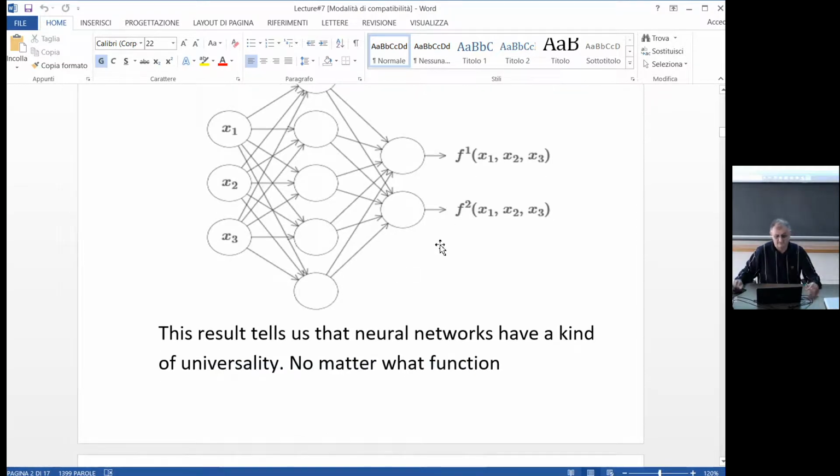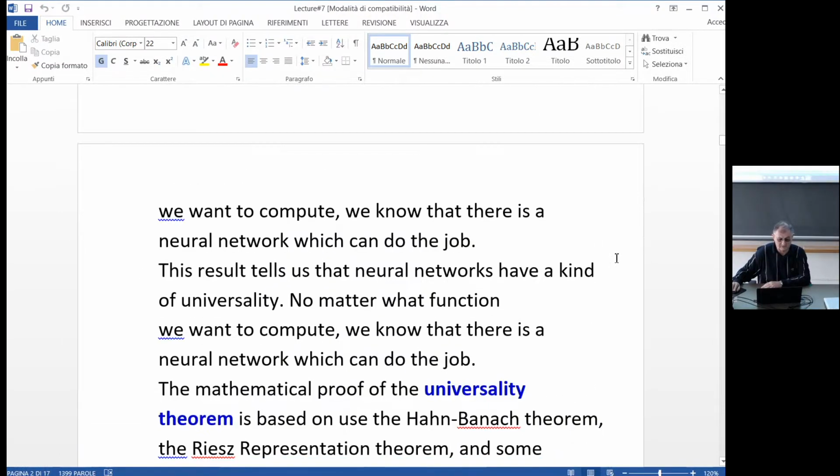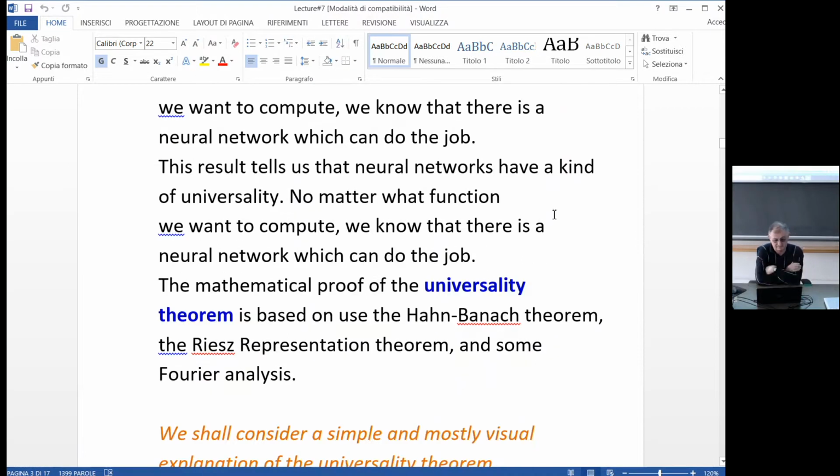This result tells us that neural networks have a kind of universality. No matter what function we want to compute, we know that there exists some neural network which can execute this task.